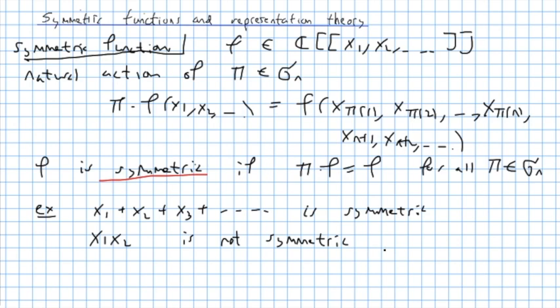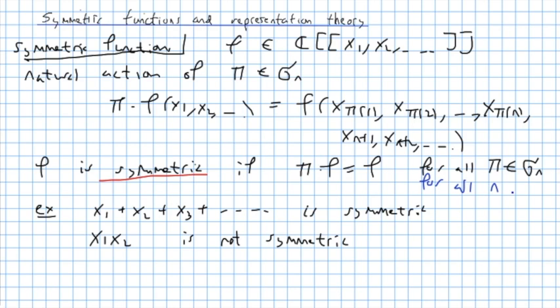Oh, sorry, I forgot one little thing. Sorry about this. This is true for all n. So it must hold for all permutations and for all n, because I have a countable number of variables, x1, x2, and so on, not just n variables. So in order for it to be symmetric, it has to be true for all permutations of all sizes.